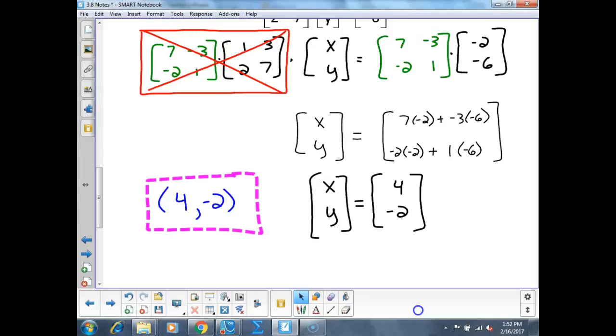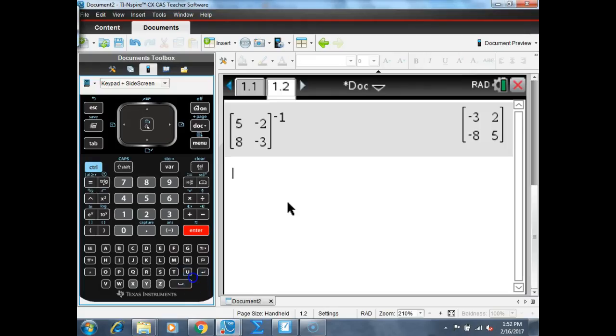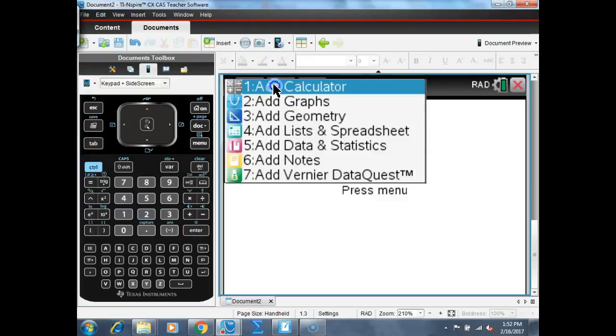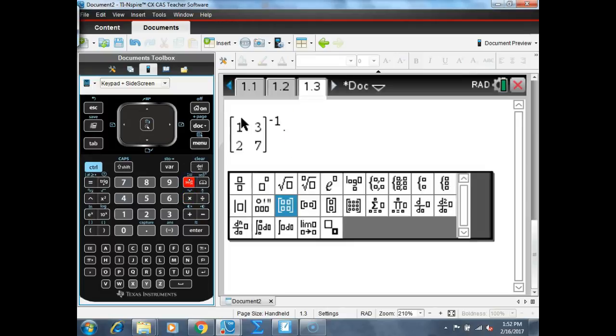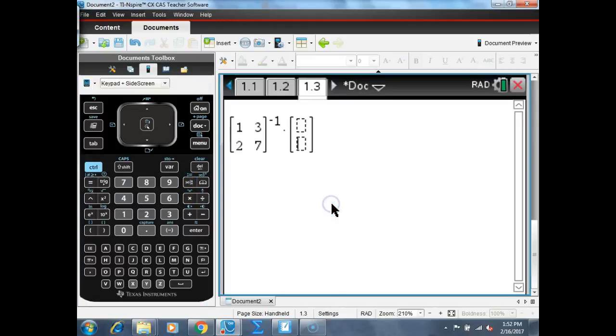So on my calculator, I can go with a 2 by 2 matrix, 1, 3, 2, 7, and I need to take the inverse of that times a 2 by 1 matrix, negative 2, negative 6.